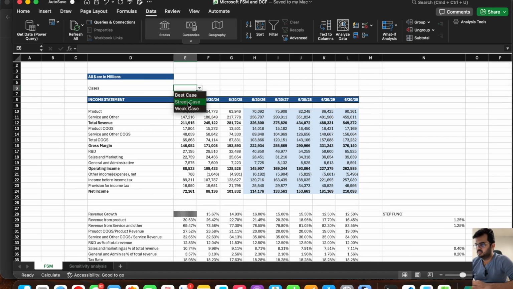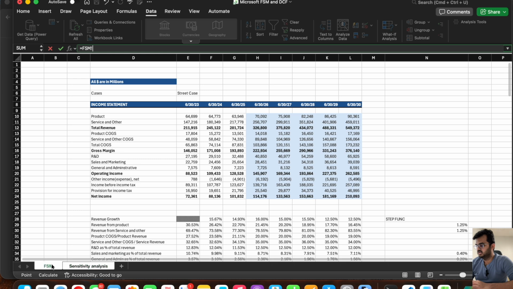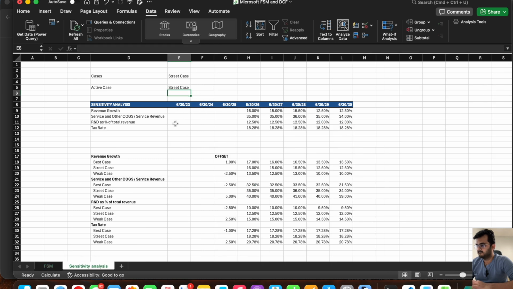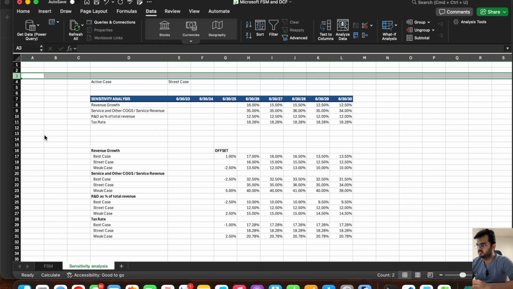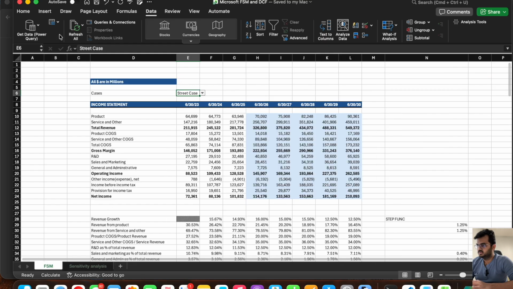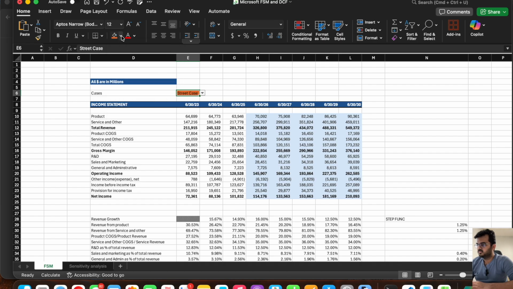So even here now it will be like street case and others, and here I'm going to link that to here, because if you remember, for all our offset and match functions, we are using this as a lookup value. So rather than E3, I'm going to link that number from here. Then this number is not needed. Okay, so I'll just do this in a different color so we know when I come back to this model, this is something.